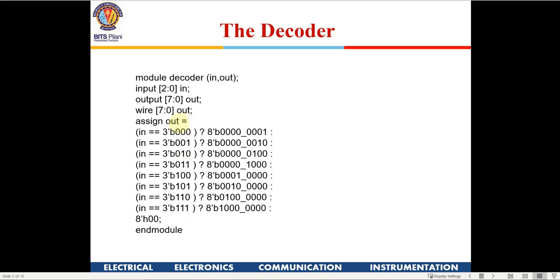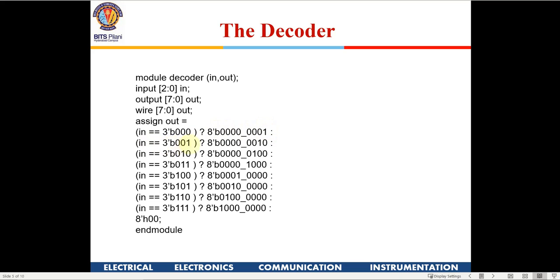So assign out means out will be what, depending on this condition. If it meets this condition, that is if it is 000, then the output is 8-bit 00000001. That means the topmost line, that is out 0, is going to be 1. So that is the LSB of out is going to be 1, rest of all are going to be 0.